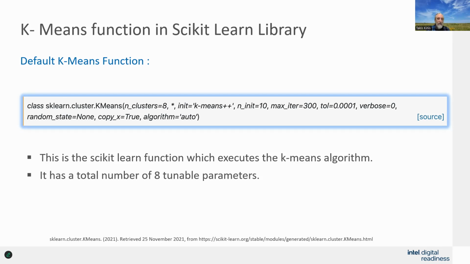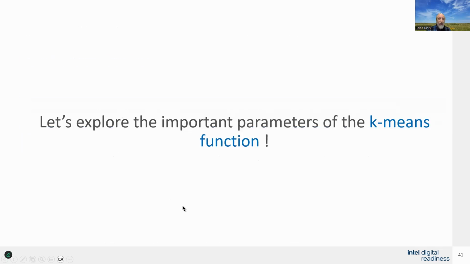Max iterations is how many times it'll run through that process to try to narrow down the centroids. That's a controllable number. Whether or not you want to tweak that one is relative. But it has 8 tunable parameters, meaning you can change these to other values depending on the kind of thing that you're doing. Normally, the thing that we change the most is the number of clusters, by the way. All right.